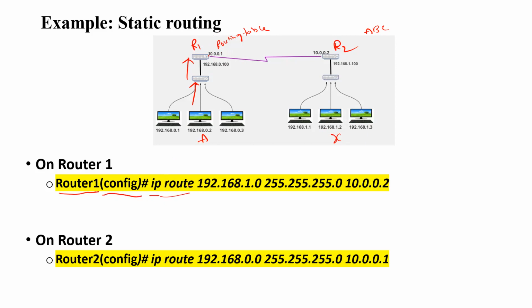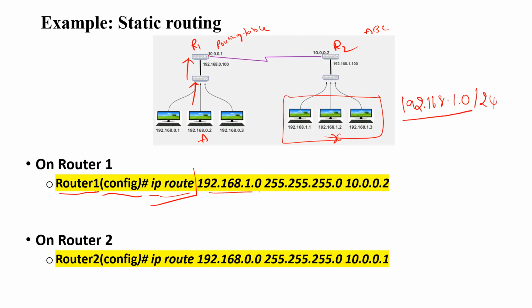Configuration, IP route, this is the command. And what is the destination subnet? Consider that this is the 192.168.1.0/24 network. So the network ID is 192.168.1.0. What is the subnet mask for /24? 255.255.255.0. Okay, so it is configured.